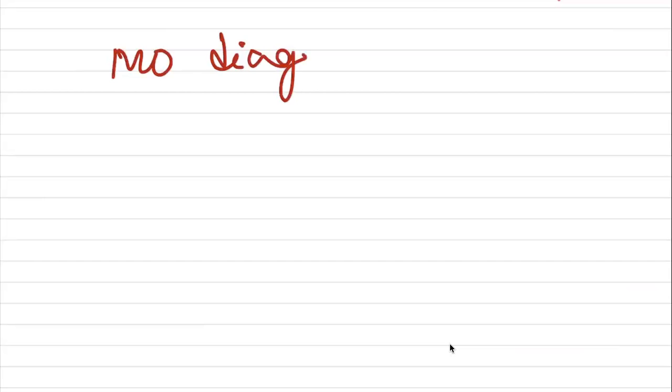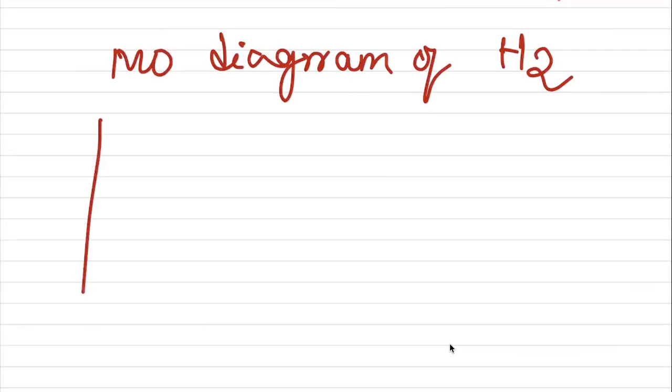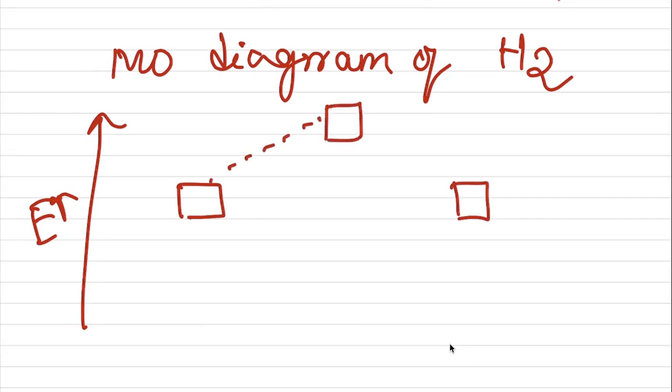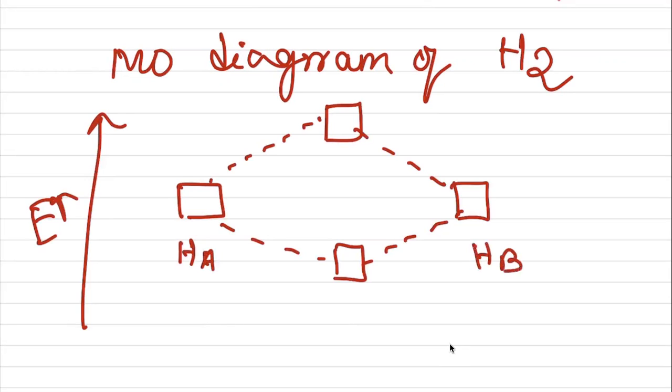For formation of H2 molecule, MO diagram of H2. MO diagram of hydrogen molecule. So this is the energy increasing. Okay, this is for suppose HA, this is for suppose HB.